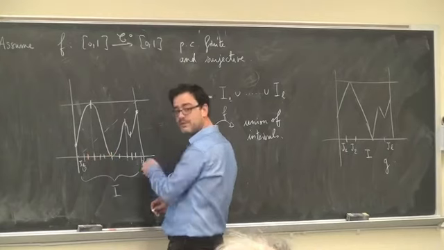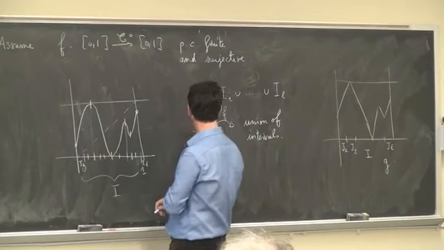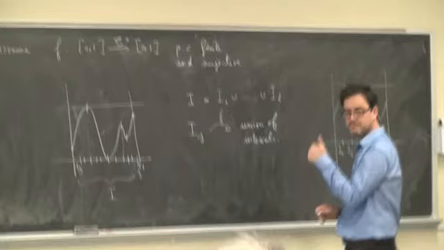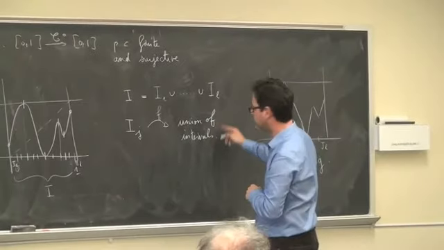Then I get a sequence of smaller intervals. And now I apply F just once. And this is a union of intervals.